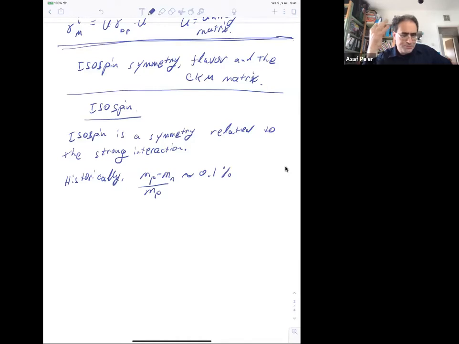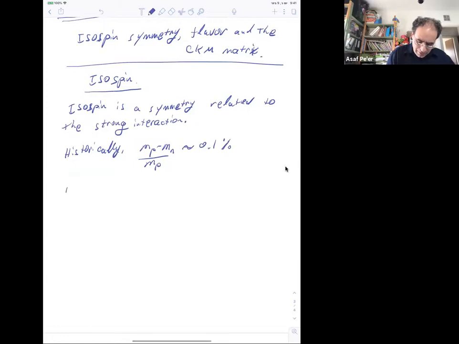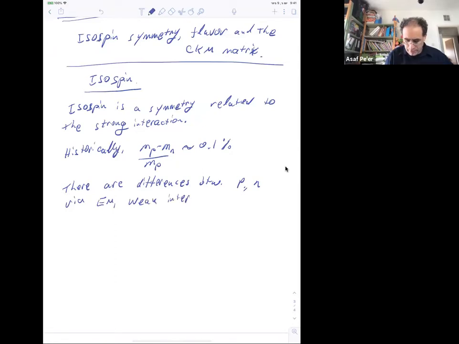But they're identical. So there are differences between proton and neutron via EM and weak interactions. But not, or nearly not, strong interactions.